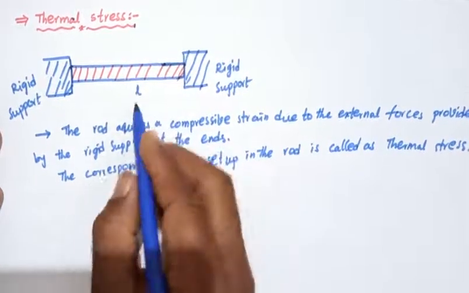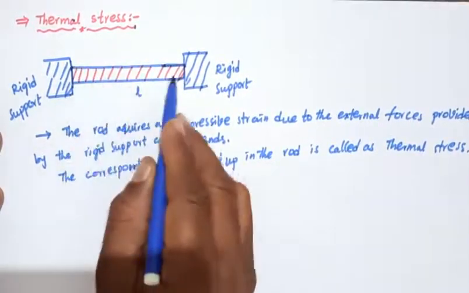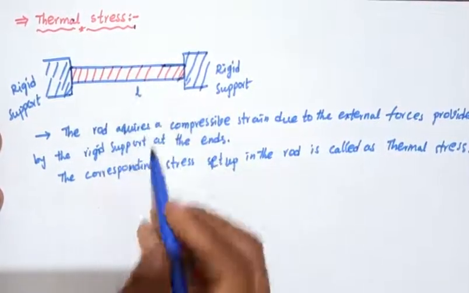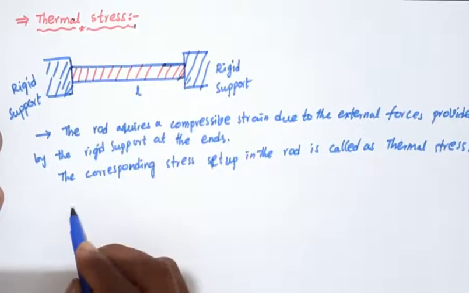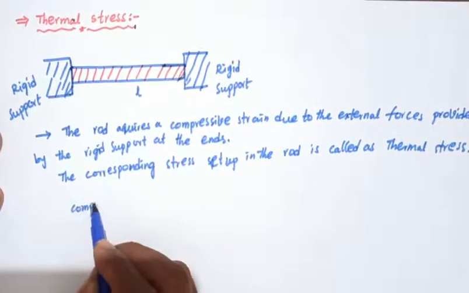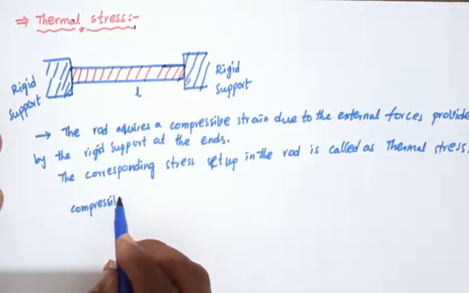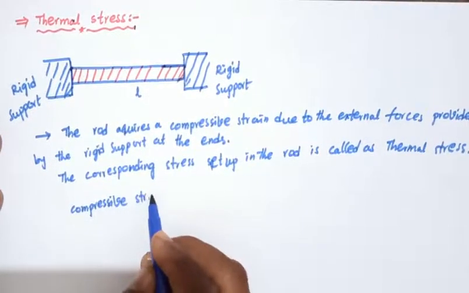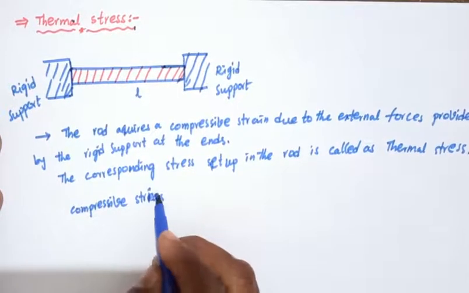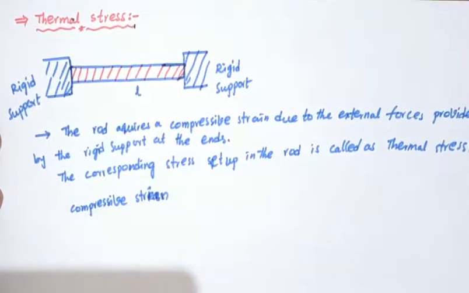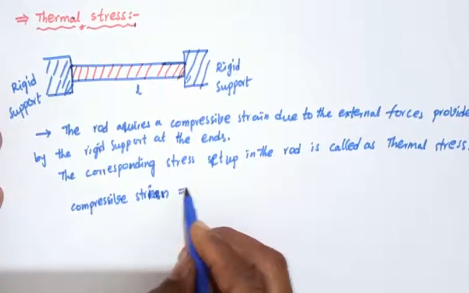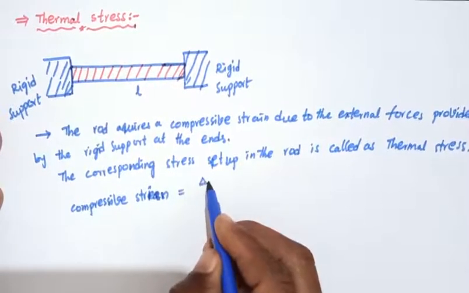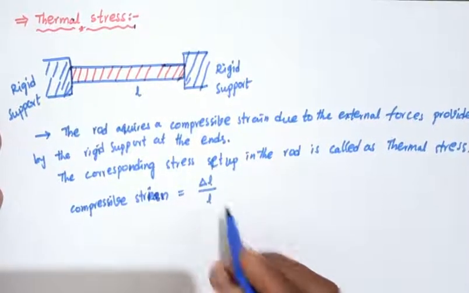Here L is the initial length of this rod, and compressive strain equals change in length divided by initial length.